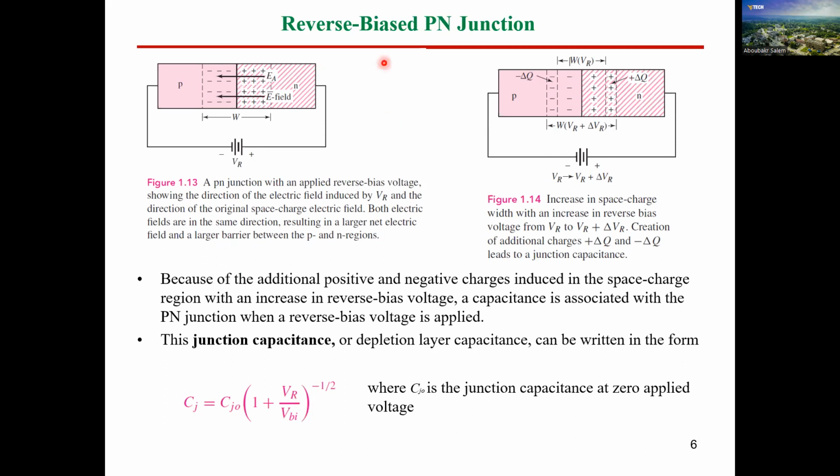Reverse bias of a PN junction means the P is going to be connected to the negative of our supply, and the N region is going to be connected to the positive of our supply. What will happen if we connect the PN junction to a supply in this way? We call it reverse bias. What will happen if you reverse bias the PN junction?